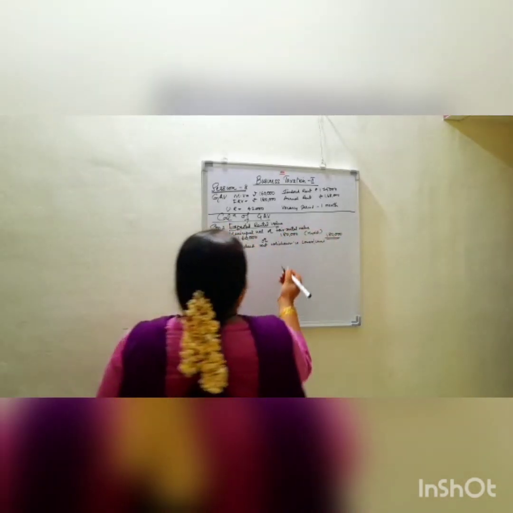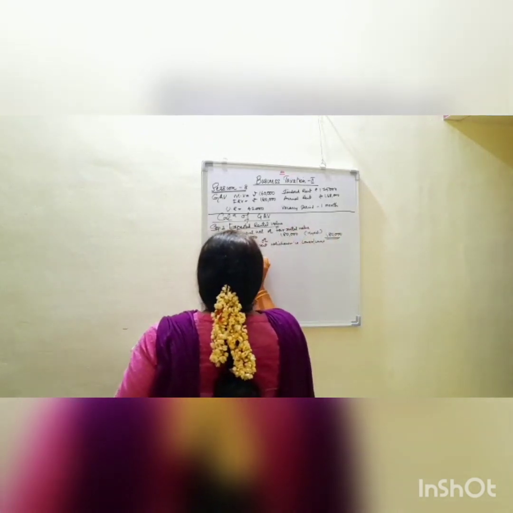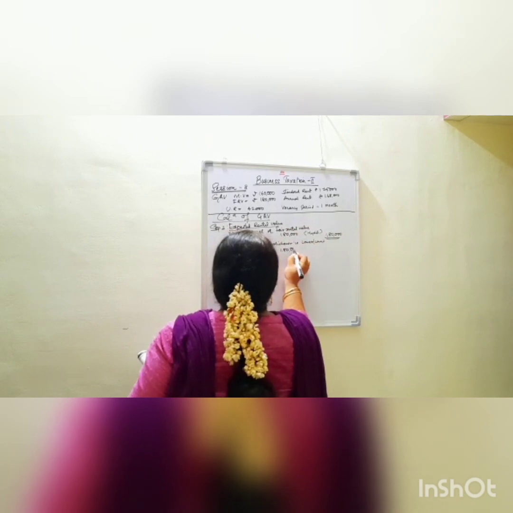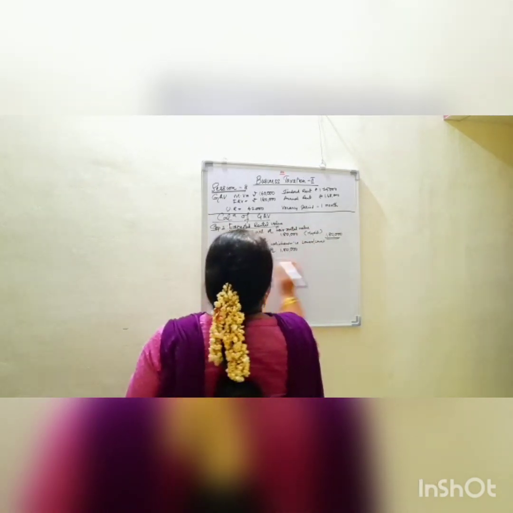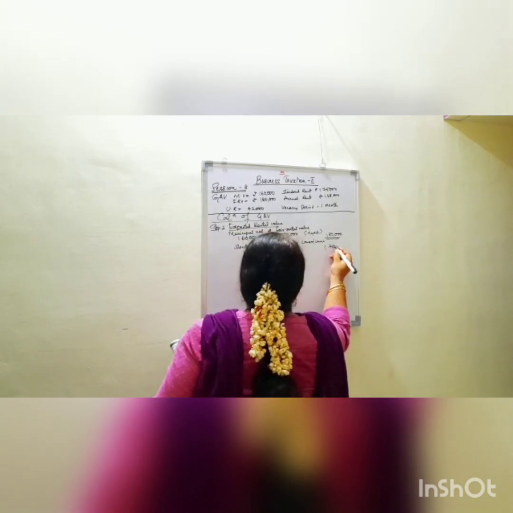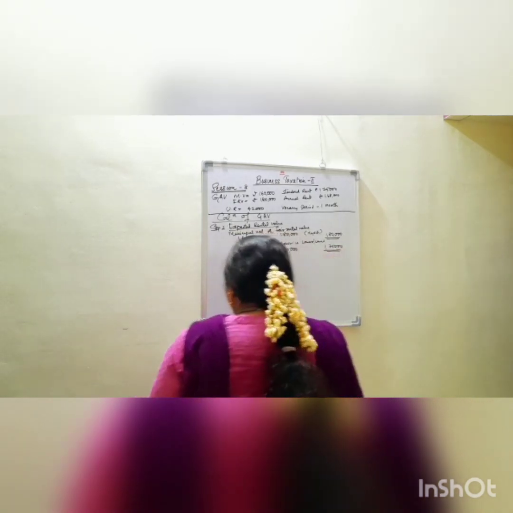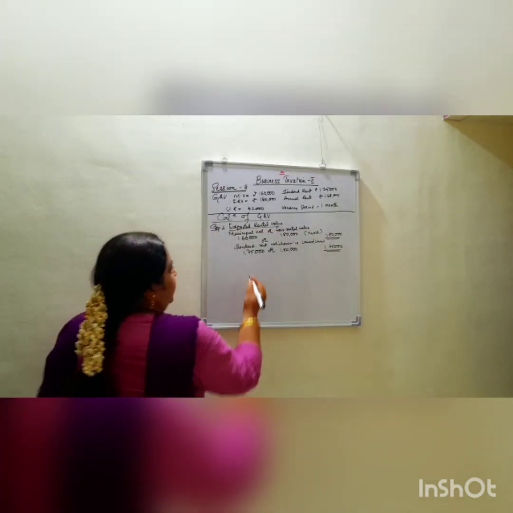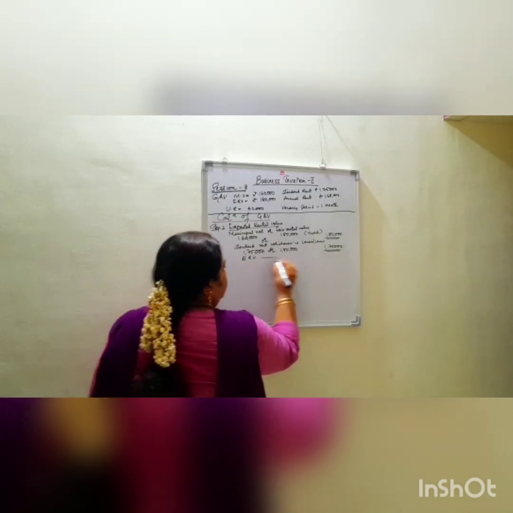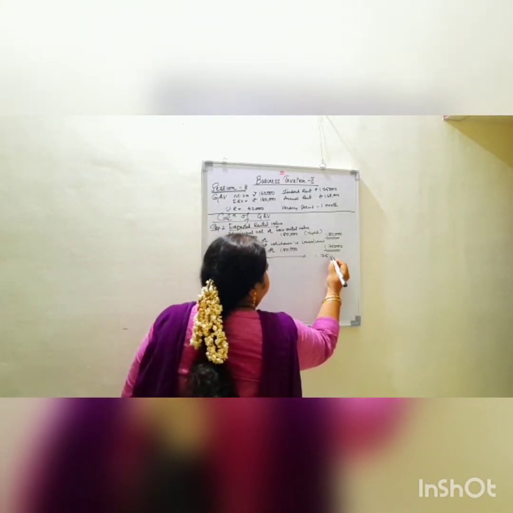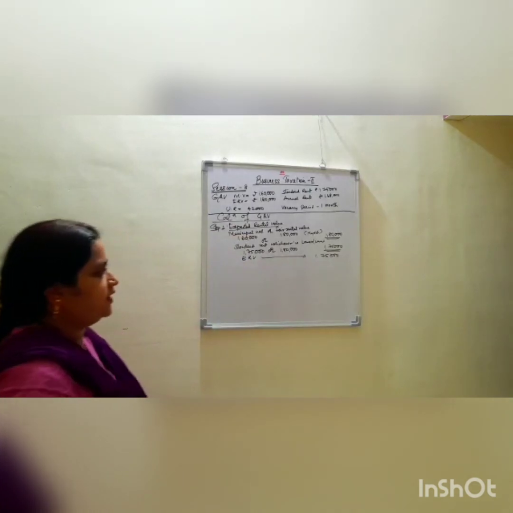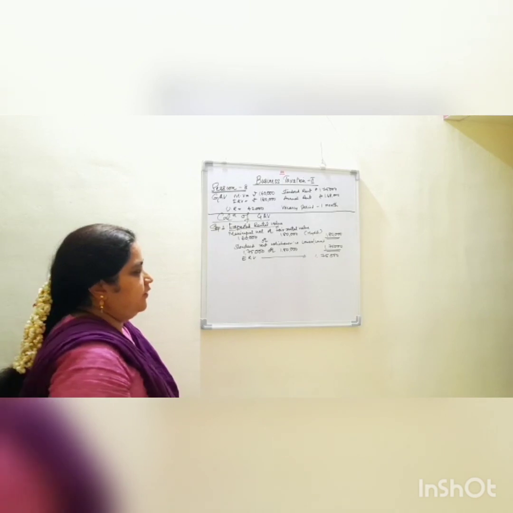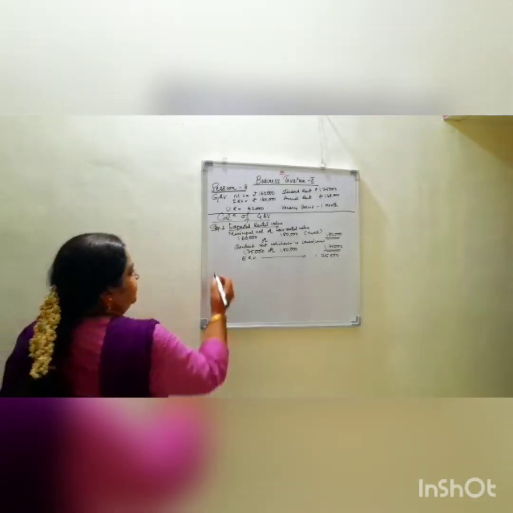So what is the standard rent given in the problem? 1,75,000 or 1,80,000, whichever is least. So 1,75,000 is the value that is least. So our expected rental value is 1,75,000.